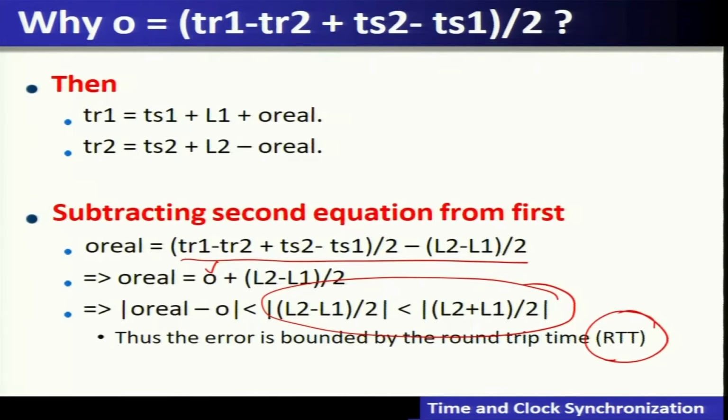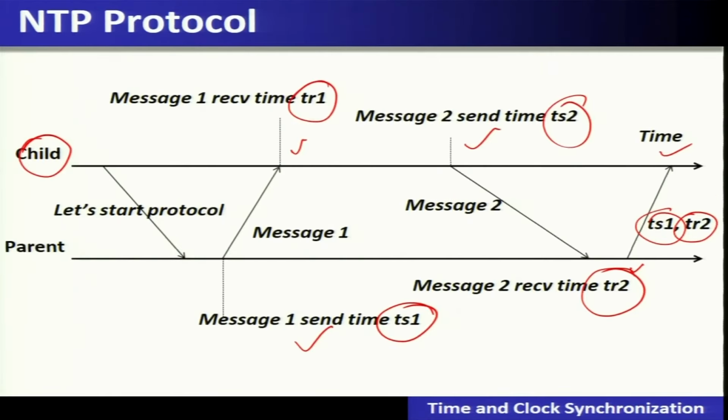If you want to understand again, you can see here the time stamp TS1 when server 1 has sent, and TR2, and the child has received this message as TR1 and TS2. So, these are the messages.